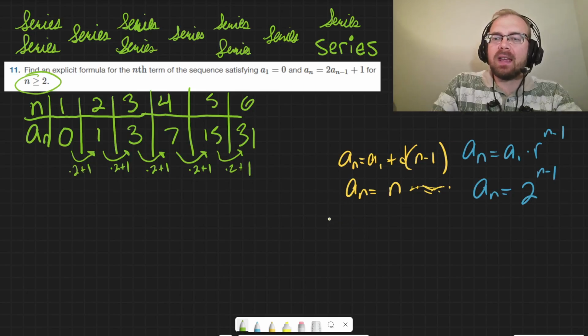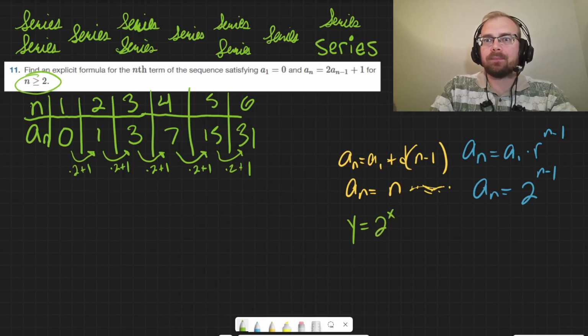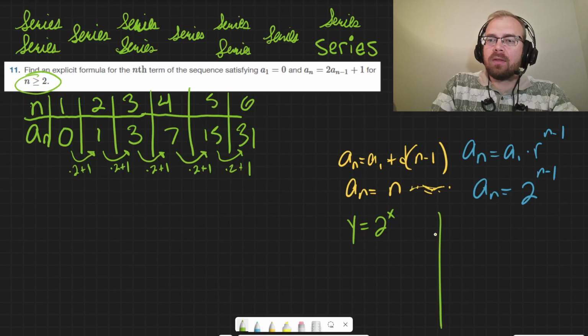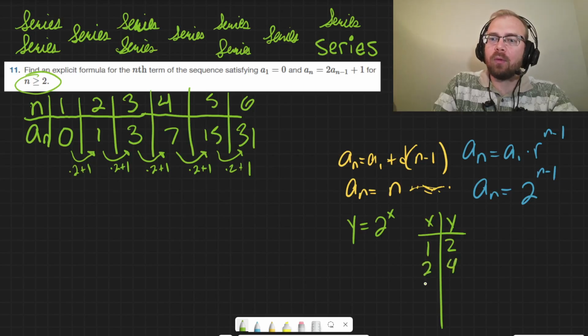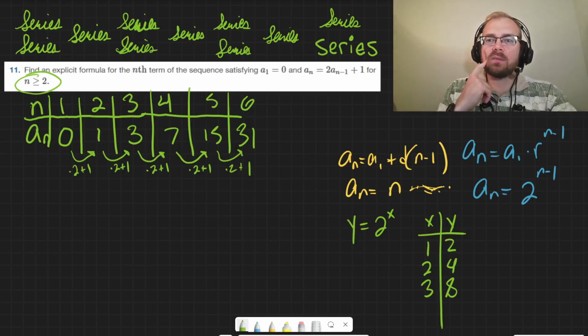If I say y equals 2 to the x, let's start at 1. So 2 to the first power is 2, 2 squared is 4, 2 to the third is 8, and so on and so on.